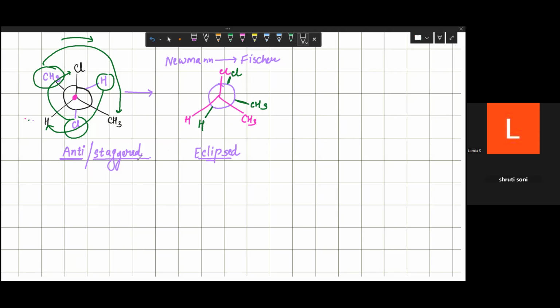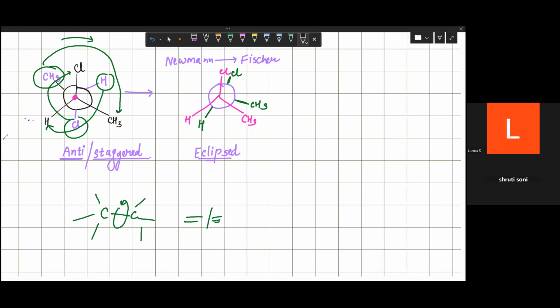Can I rotate them? If there is a carbon single bond, and three groups attached to these carbons, is there any possibility that we can rotate this bond? Yes. If there is a double or triple bond, then we can't.